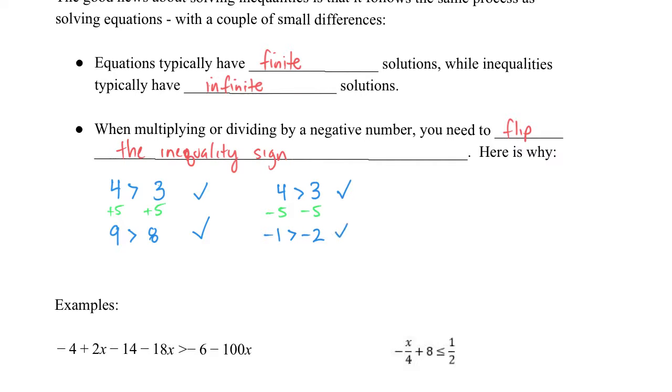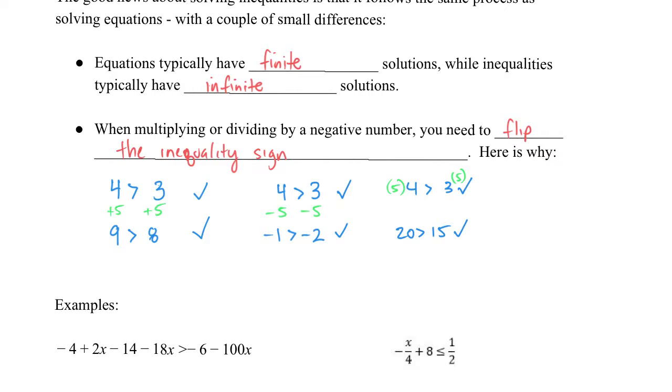Well, that's also true. But what if I multiply both sides by a negative number? Actually, let's start by multiplying by a positive number. Let's multiply by positive 2. If I multiply by positive 5, I get 20 is greater than 15.